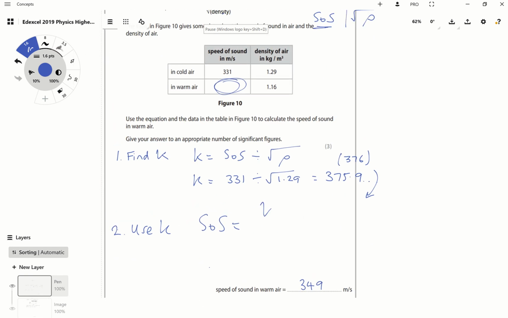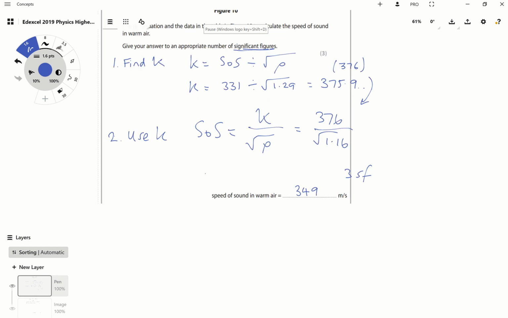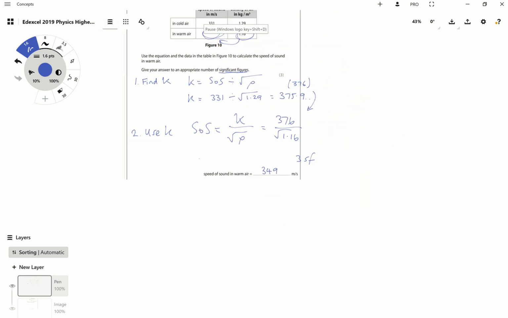I'm going to put 376 in there, but I've left the value in my calculator, divided by the square root of 1.16. And you can see I'm using this value here to get that value. Put that into a calculator, and when you do, you get 349. All right, and it says to significant figures, well, if I'm measuring this, 3 significant figures will be perfect for this. 3 sig figs. Okay, going on to the next part. That's it. Brilliant.